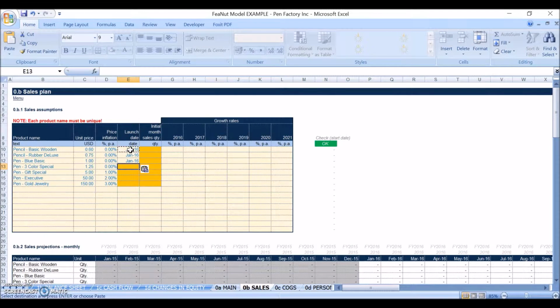So let's say we will launch the 3-color special in October 2016, and then a year later, let's say in July 2017, we will launch gift special and executive brands, and our premium brand gold jewelry will be launched in January 2018.